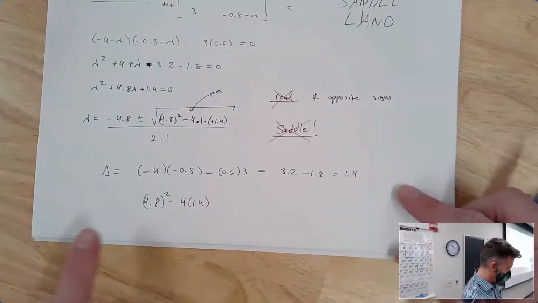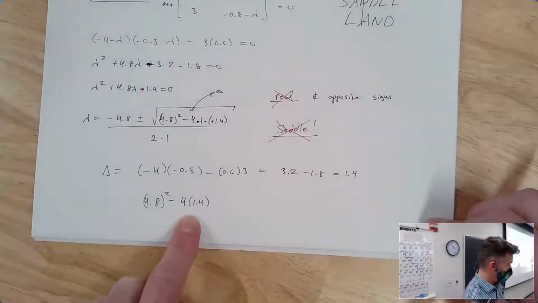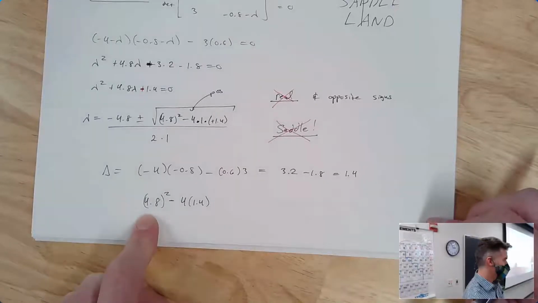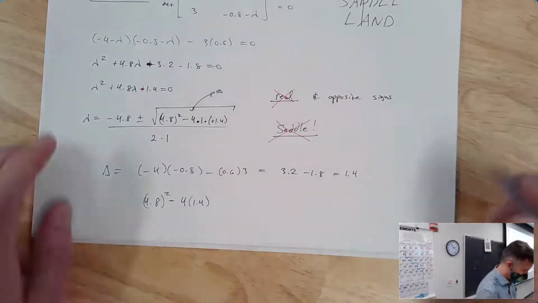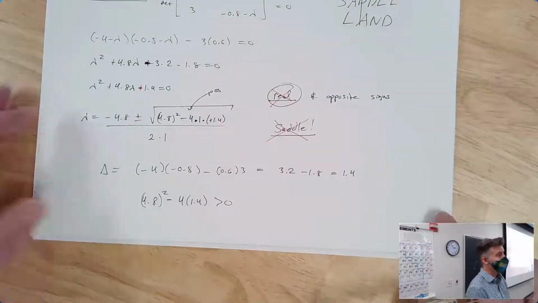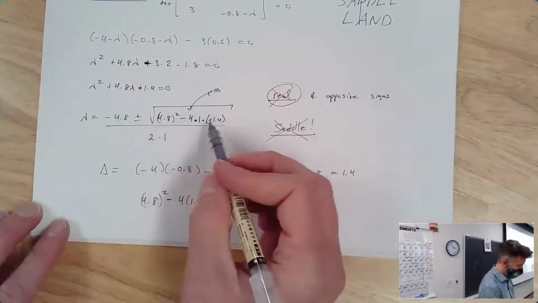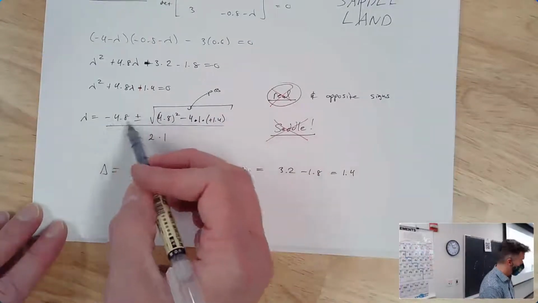What's bigger? 4.8 squared, 4.8 times 4.8, or 4 times 1.4? Well, definitely 4.8 squared, right? Both of the factors are bigger. Okay, so this is still positive. It means we still are real, but we know it's not a saddle because the inside here actually got smaller than 4.8.